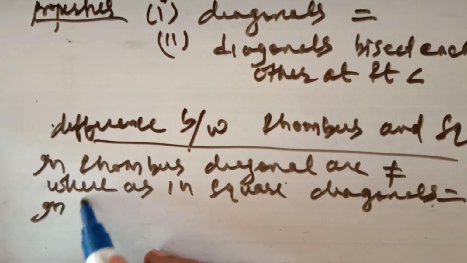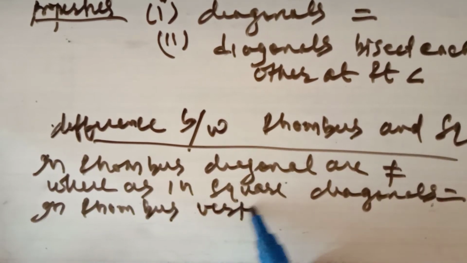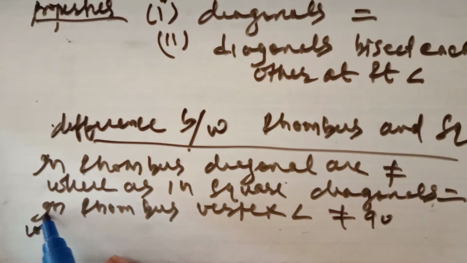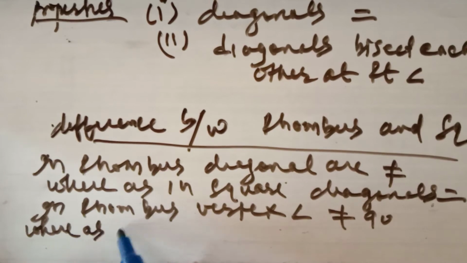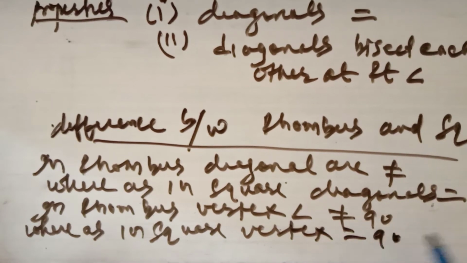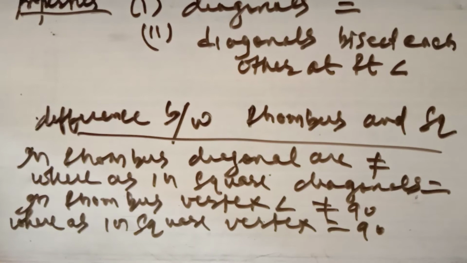In a rhombus, the vertex angle is not equal to 90 degrees, whereas in a square, the vertex angle is equal to 90 degrees. So this is the main difference between the square and the rhombus.